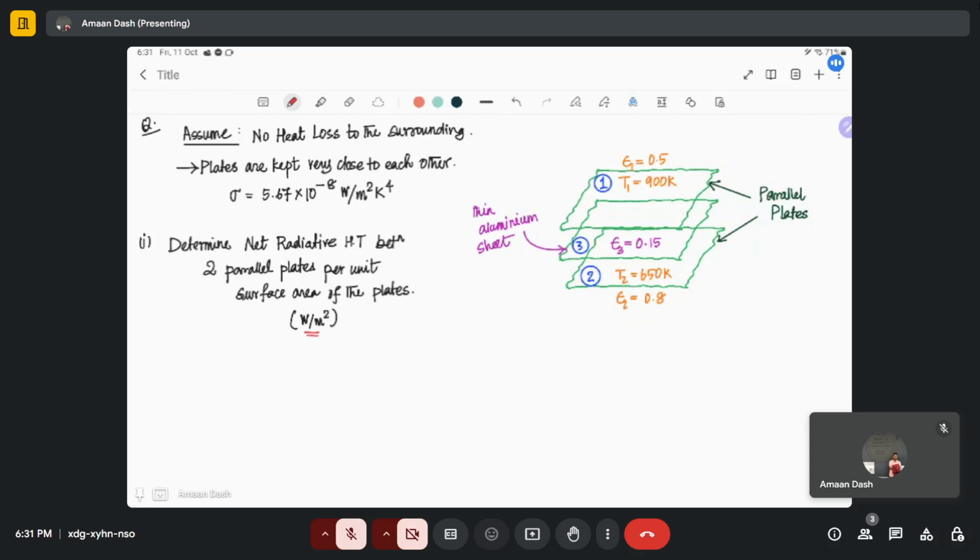So that is watt per meter square. Your unit will be watt per meter square per unit surface area of the plates.